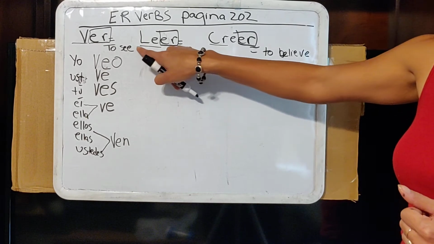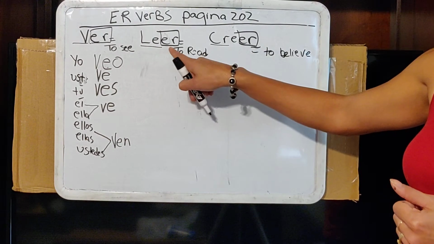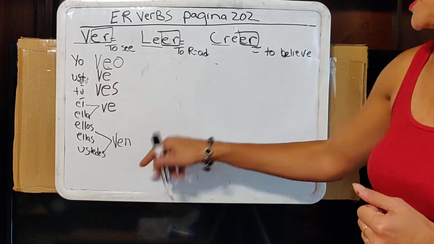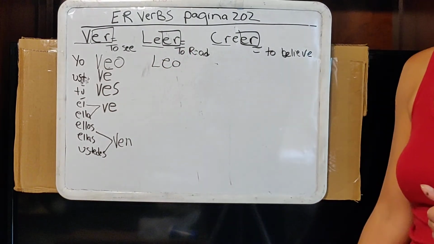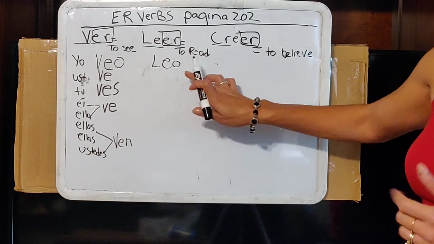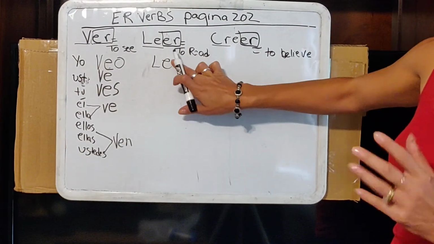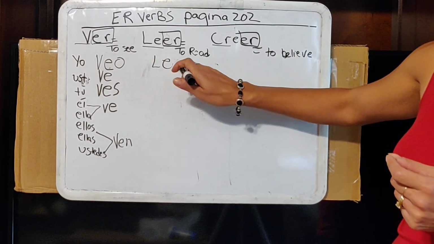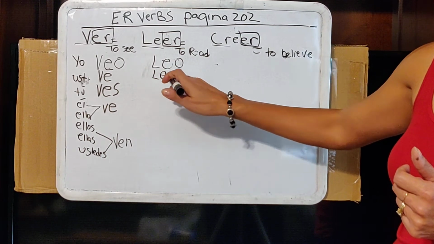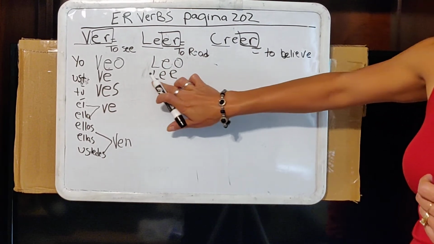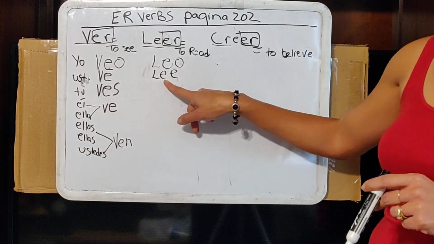The stem is underlined, LE. That means LE is going to be in here all the way down. And then I'm going to change the ER to have the exact same ending. So it's going to be yo leo. Yo leo la televisión. I'm sorry, that would be, I'm reading the TV, so that would be wrong. Yo leo la revista. I read the magazine. Yo leo. Okay? Usted lee. This is where you probably are going to get a little bit uncomfortable because over here you have only one E, but over here you have two.